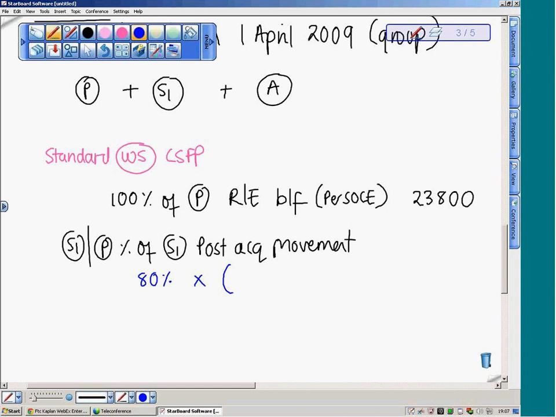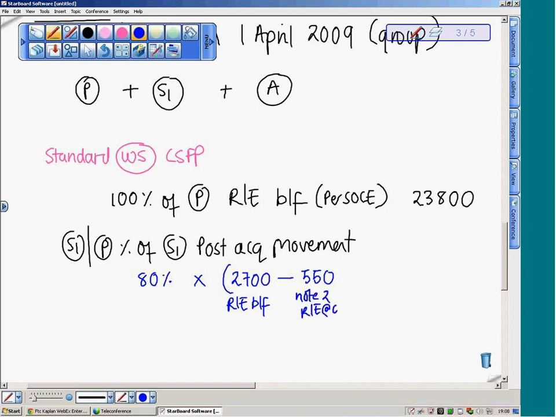Now normally when you have a post-acquisition movement, you typically refer to working 2 in the SFP, but all we're going to do is take the post-acquisition movement as the movement in our reserves. And remember, retained earnings is where you're going to see that movement. What you know is that at the start of the year, look at SOCI, the retained earnings brought forward were 2,700. Okay. When we acquired this entity, the retained earnings position that they do tell us in, I think it's in note 2. Yep, it's in note 2.